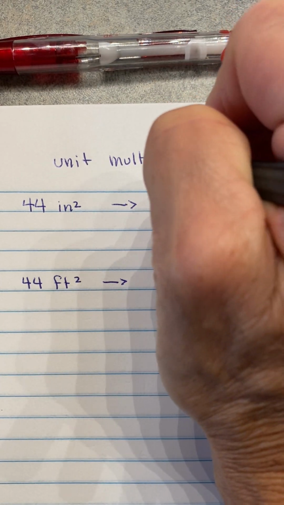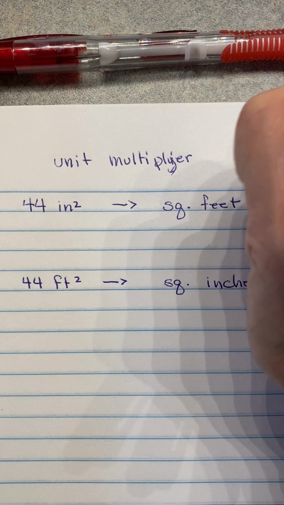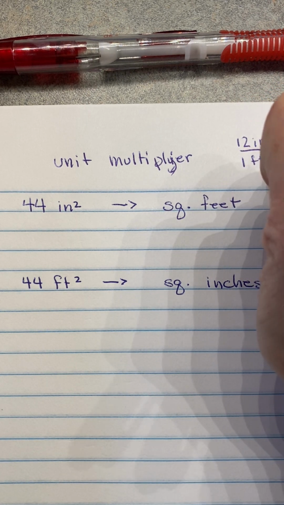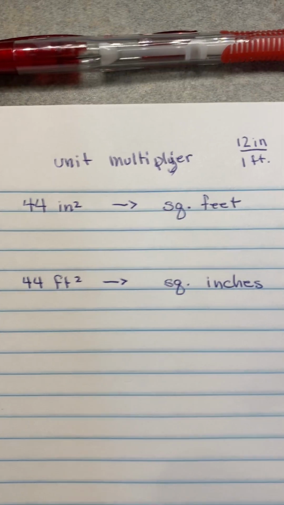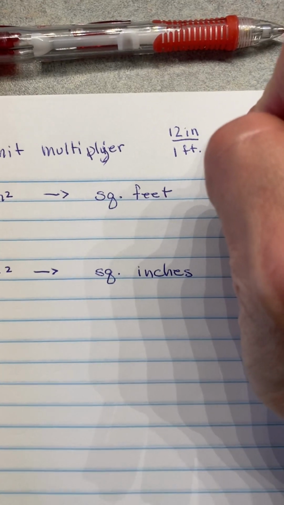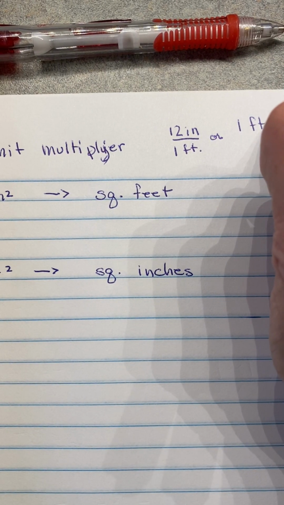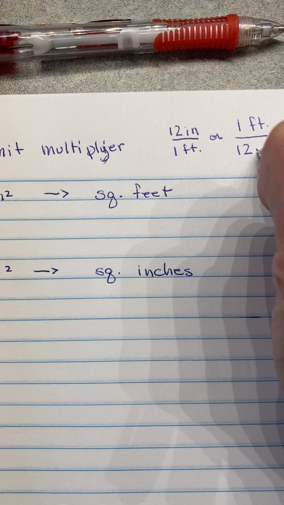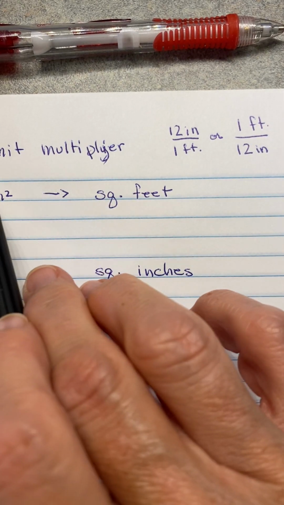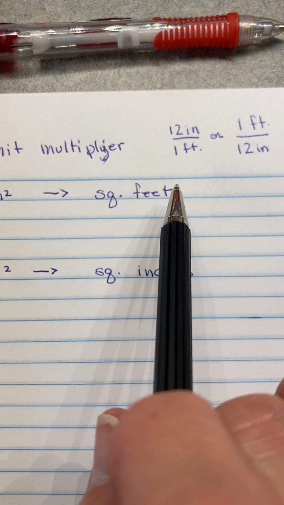Unit multipliers. We have 12 inches in 1 foot. That's equal to 1. They're equal to each other. So that's why it's called a unit multiplier. But we can also flip this over and say there's 1 foot in 12 inches. So those are the 2 unit multipliers to convert inches to feet or feet to inches.